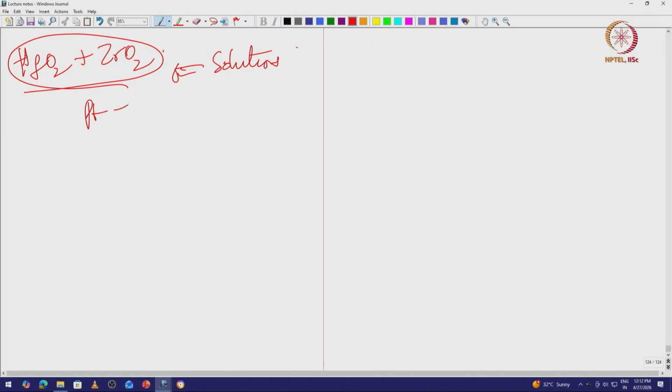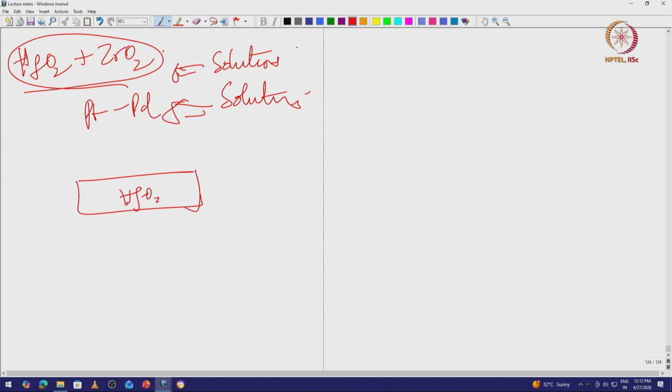Similarly, platinum and palladium, they would like to form solutions, right, rather than existing as platinum separately and palladium separately. So, if I want to make a thin film of hafnium oxide, and on the top of which I want to make a thin film of zirconium oxide, and both of them separated by a nice flat atomic interface, right, it may be difficult.